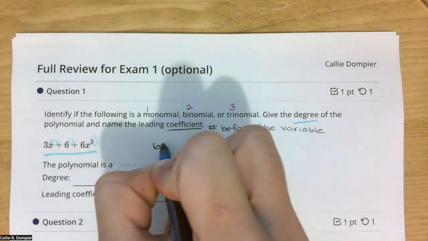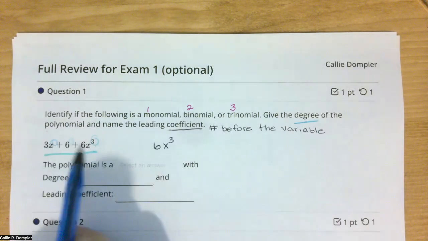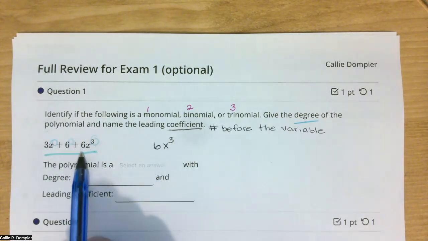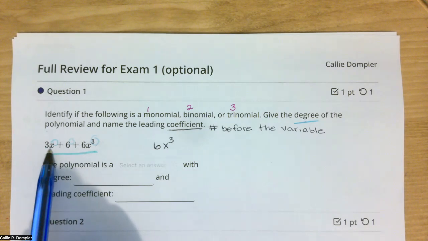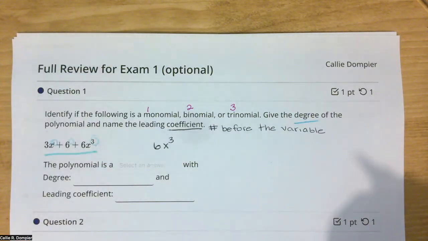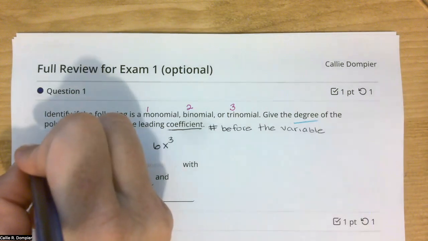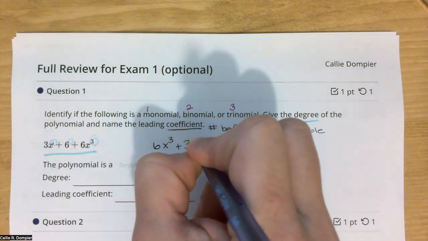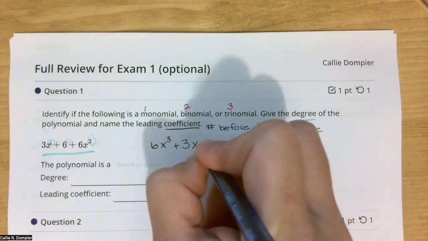So the biggest degree is x cubed. There's a plus sign there, so that's not a negative 6x cubed, it's just 6x cubed. The next biggest degree is x, because it's kind of like there's a 1 up there. That's x to the first power. Again, there's no minus sign in front of the 3x, so I'm just going to say plus 3x. And then we have plus 6.